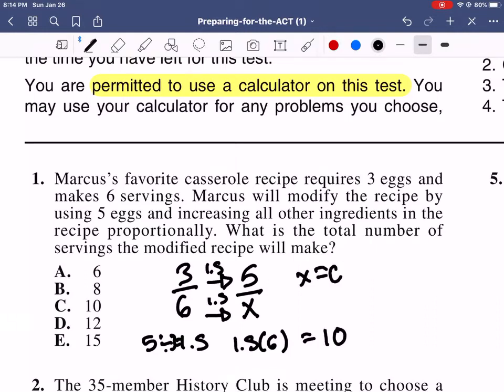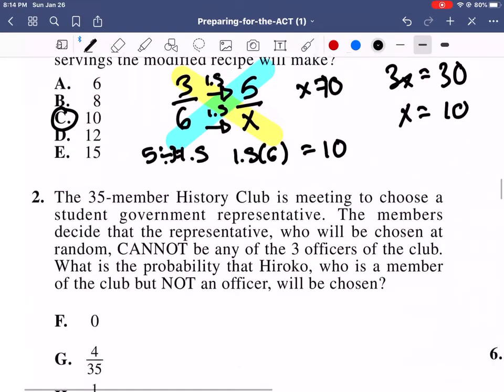So x equals 10, or for most people you just do 3x equals 30. You see how it goes like this, and then you multiply 5 and 6 together to get 30. X equals 10. Answer is C.